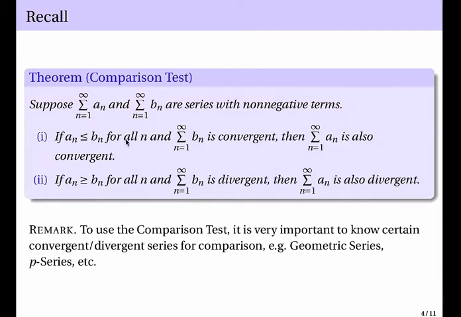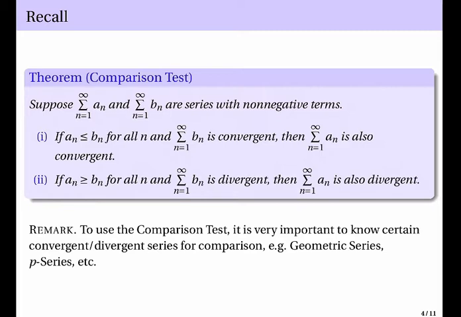Okay? So, you can think of these conditions as follows. If something is bigger and that bigger is convergent, then everything that is smaller than that will also be convergent.